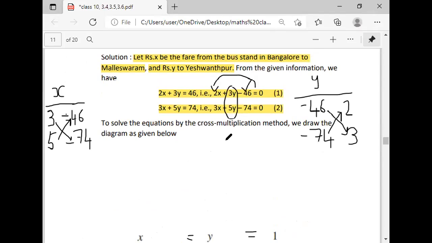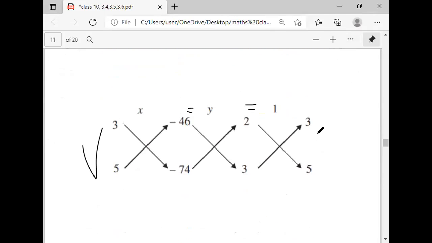The way which is easy for us, that we can use. The viewpoint of each student is different. For some students, this cross multiplication will be easier. Any question can be solved using cross multiplication. The only thing is that you should draw this diagram correctly, otherwise it will be difficult.